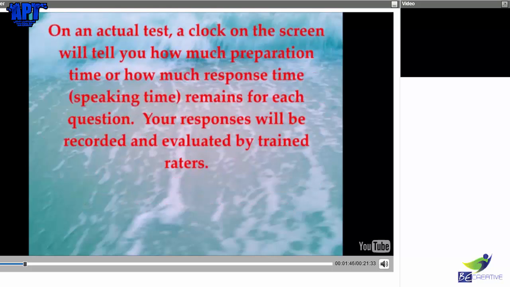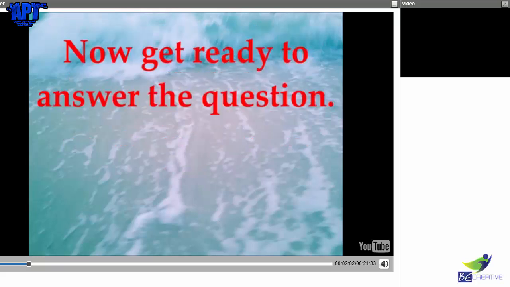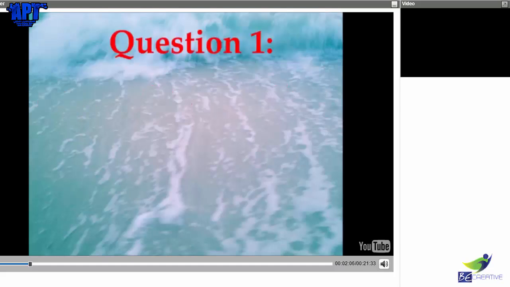On an actual test, a clock on the screen will tell you how much preparation time or how much response time remains for each question. Your responses will be recorded and evaluated by trained raters. Now, get ready to answer the question.